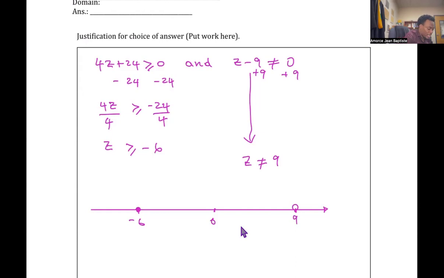Everything from negative 6 to 9 is okay, and everything after positive 9 is also okay. So basically, the domain will be including negative 6 to 9, union 9 to infinity.